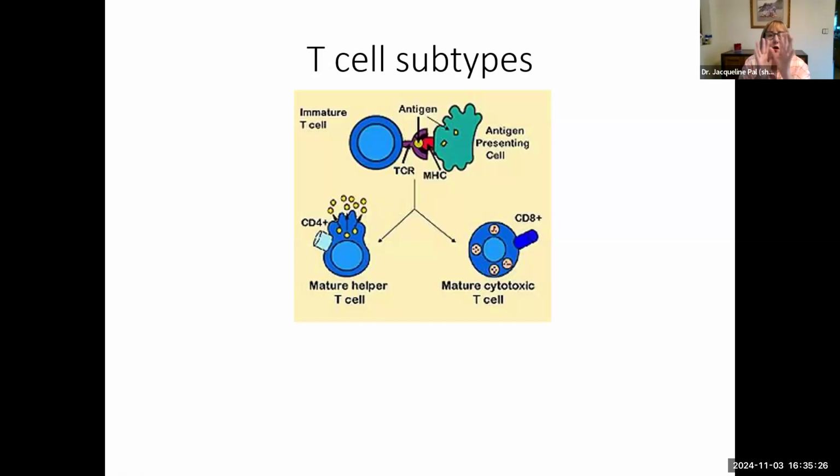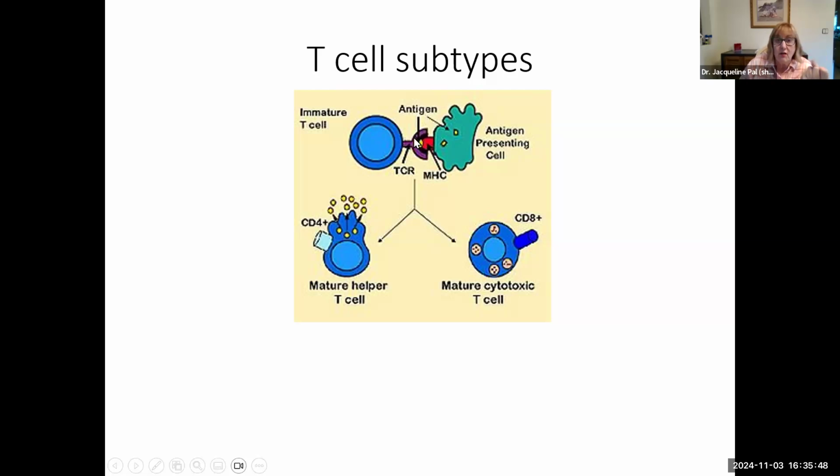Okay, so let's see how this works. Up here at the top, we have that immature T cell that couldn't recognize the antigen. Whatever cell, like a macrophage, became an antigen-presenting cell and presented the antigen right next to that MHC self protein.